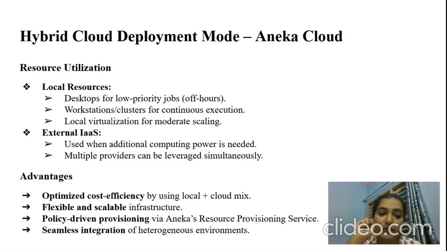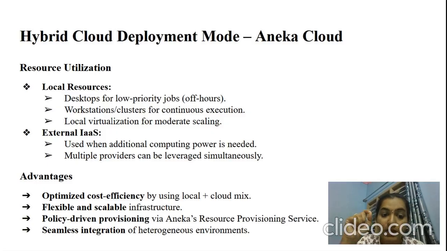For local resources, desktops for low priority jobs, workstations or clusters for continuous execution, and local virtualization for moderate scaling are used. External infrastructure as a service is used when additional computing power is needed. Multiple providers can be leveraged simultaneously, and multiple users can also be given an equal opportunity to utilize that cloud.